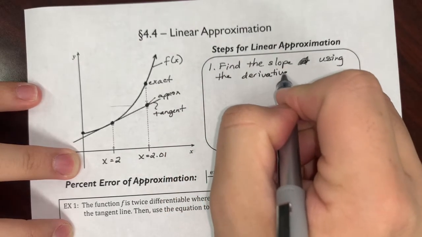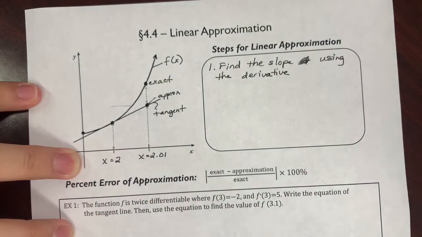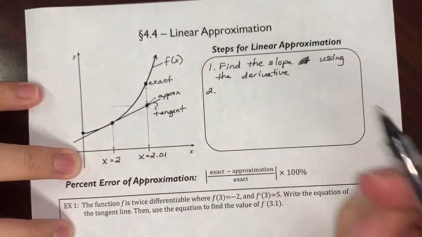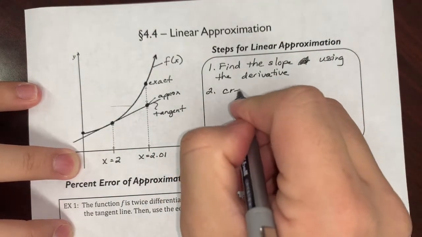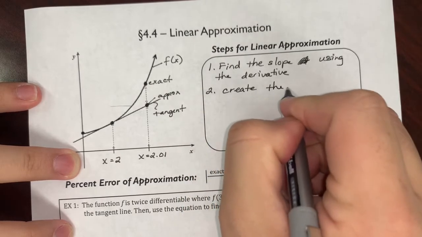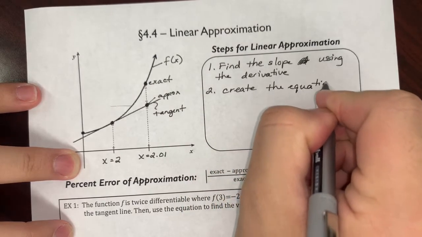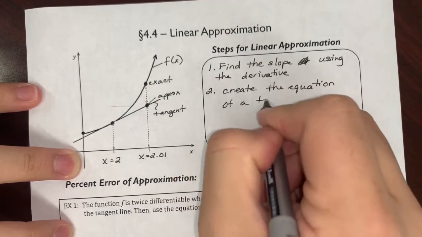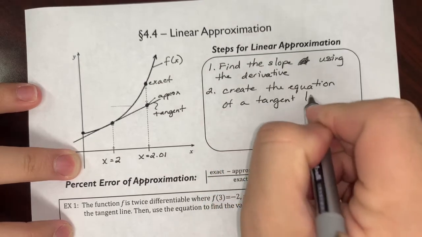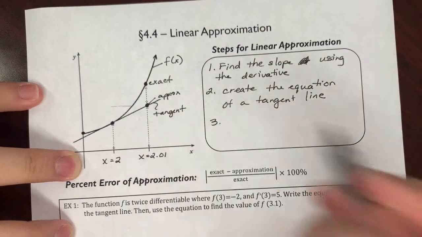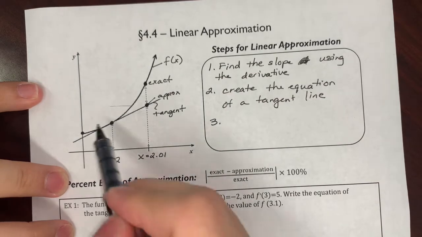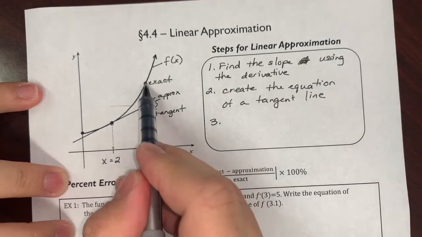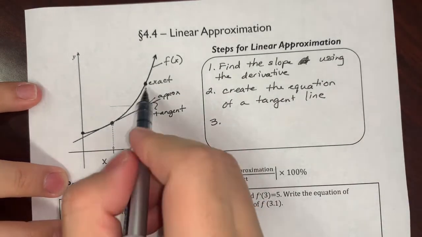You're going to find the slope at the point that you're approximating nearby. And then the second thing is you've got to create the equation of a tangent line. And then the last thing you're going to do is plug in that x value into the tangent line to get the approximate value of that function.